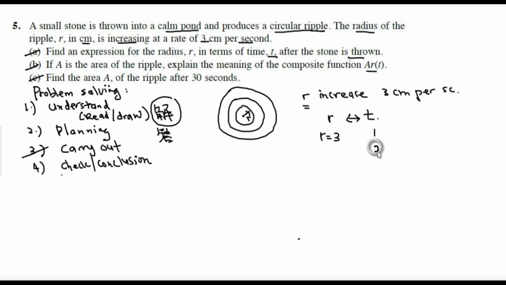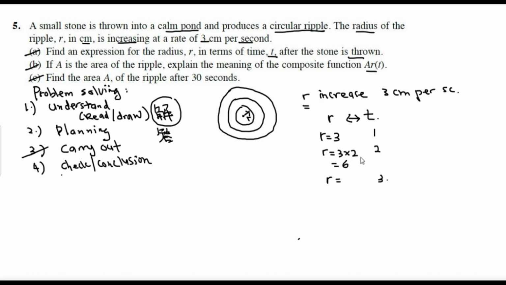So how about 2 seconds? What is the increment of the radius? In 1 second it increases 3 cm, so for 2 seconds you can use 3 times 2, which is equal to 6. How about 3 seconds?